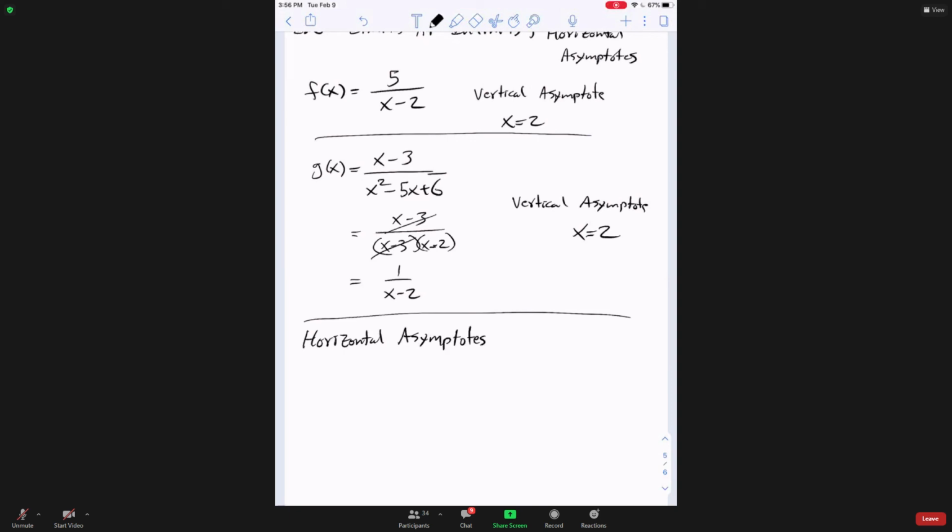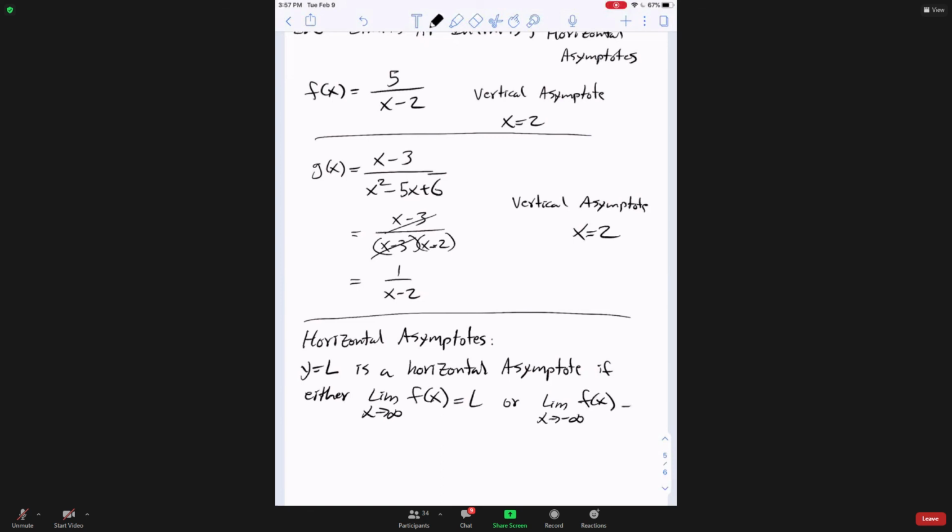All right, so we'll say y equals L is a horizontal asymptote if either the limit as x approaches infinity of f of x equals L, or the limit as x approaches negative infinity of f of x equals L.